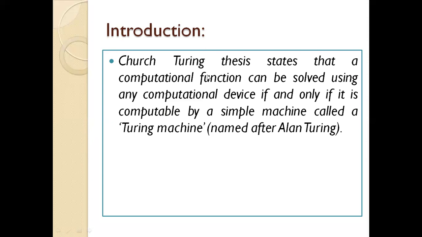Now this thesis says that any computational function, actually, why do we need a computer? To perform some operations. And to perform some operation, what do we need exactly? We need some equations, right? We need some equations so that we can solve that equation and get the answer. So any computational function can be solved using any computational device only if it is computable or recognized by a Turing machine.